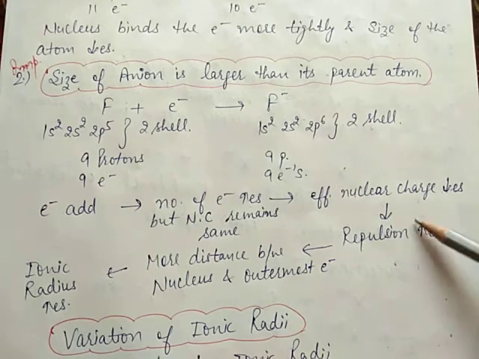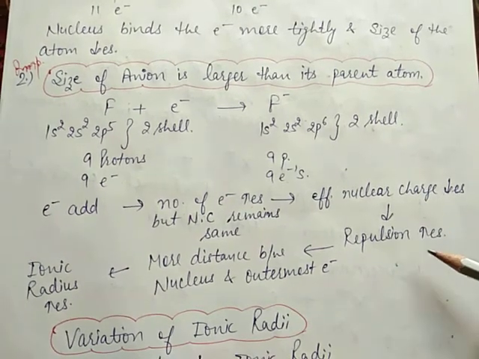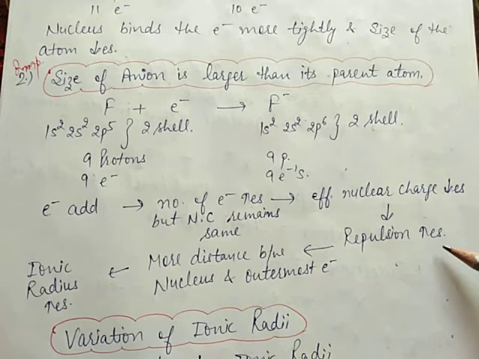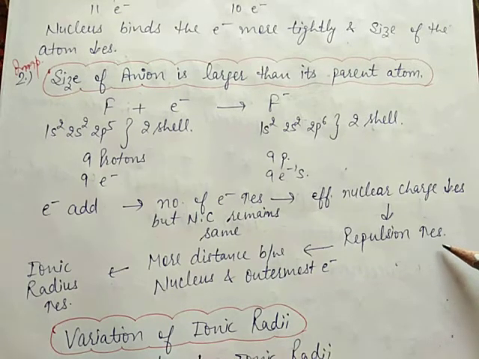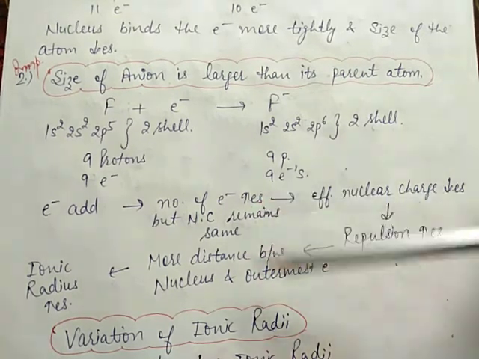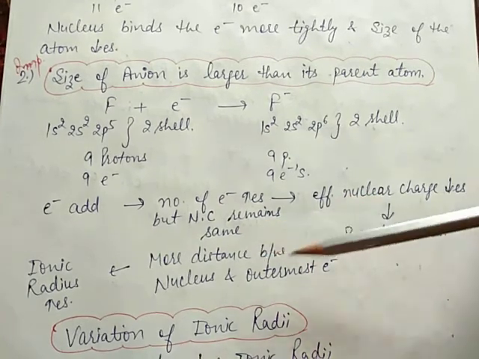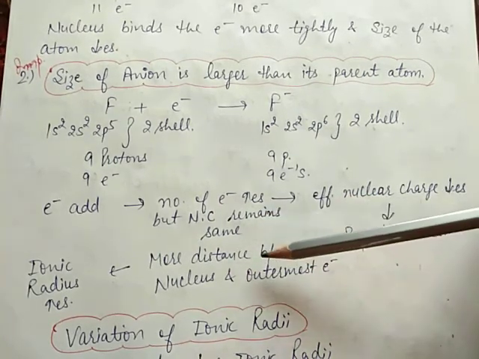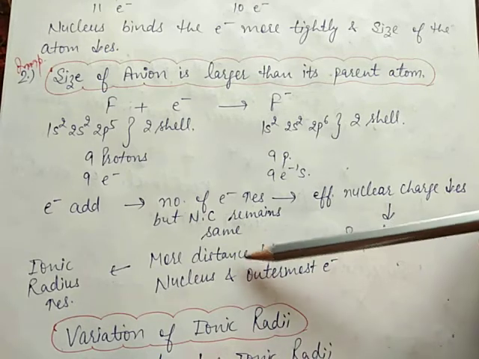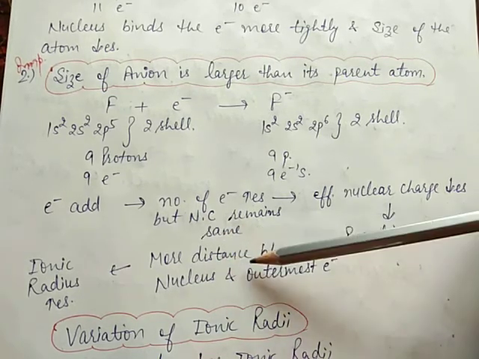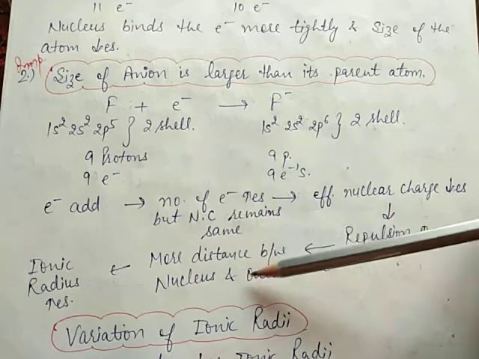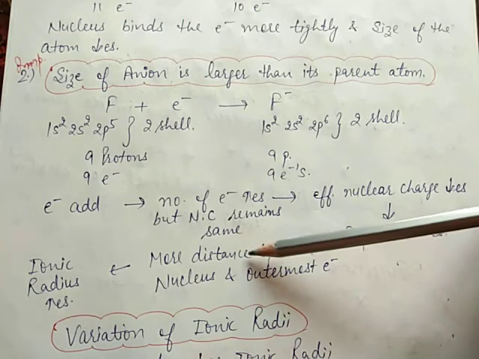Due to the addition of electrons, repulsion among the electrons increases, due to which the electron cloud expands more, and this decreases the effective nuclear charge and increases repulsion, resulting in a weak force of attraction.